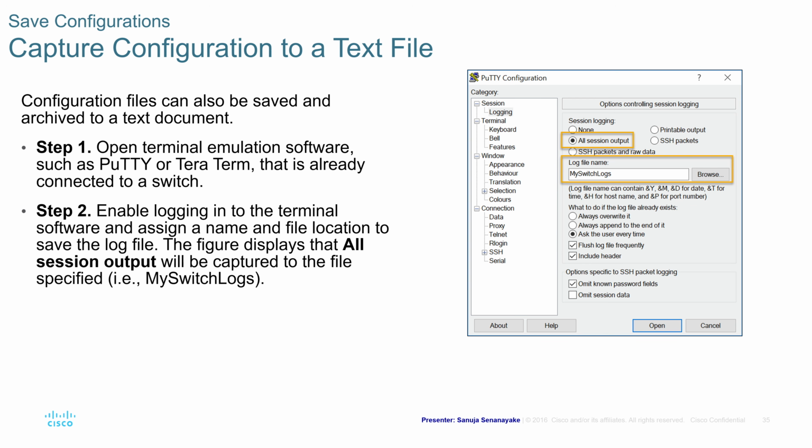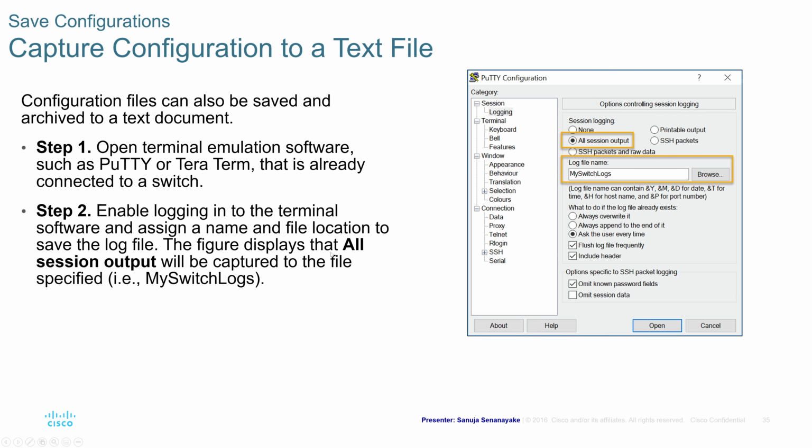You can literally copy and paste those configurations from one Cisco IOS device to another, as long as those are compatible devices. To copy to a text document, you can open terminal emulator software such as PuTTY or Tera Term that is connected to a switch, enable logging in the terminal software, and assign a name and a file location to save the log file.